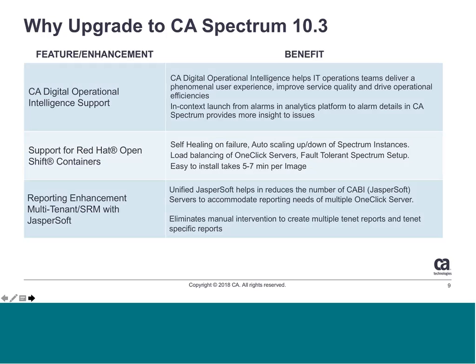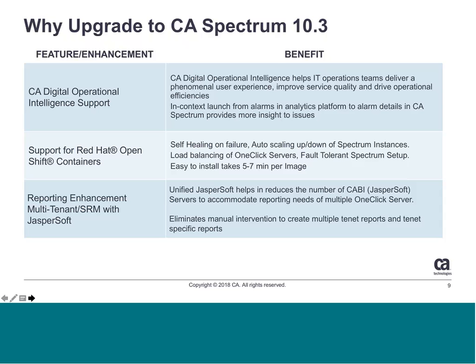Basically, we have all the in-context data that can be looked at and analyzed with the help of our machine learning and AI algos, so you could have that improvement in service quality and drive that operational efficiency, right? That's the benefit of CA digital operational intelligence support, right? That's ingrained within the CA Spectrum now, right?